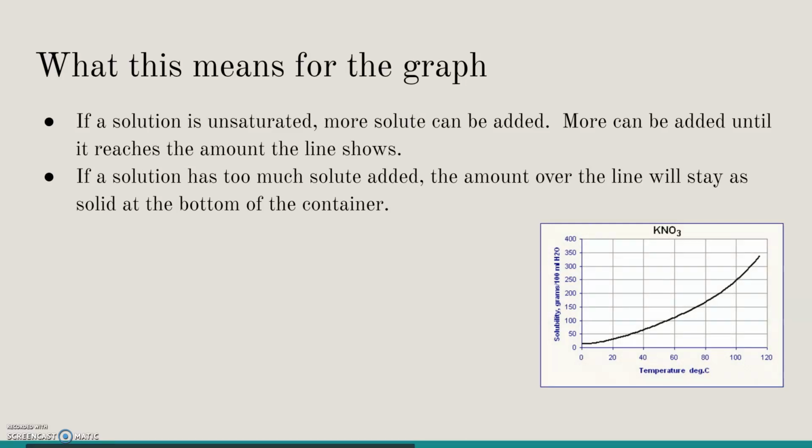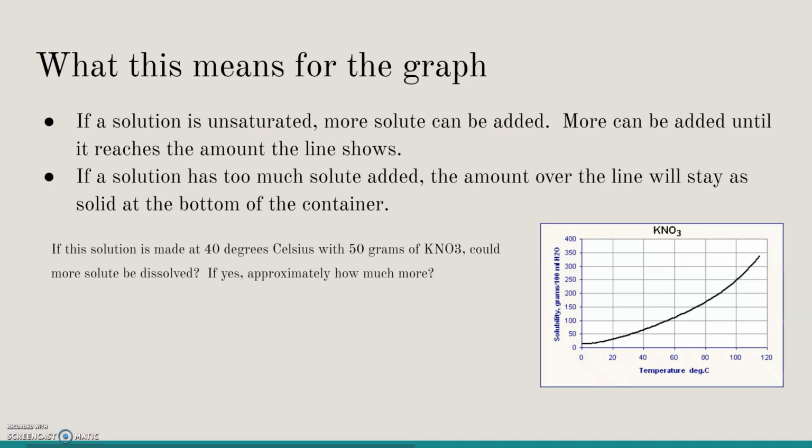Here again, we see the solubility curve for KNO3. When I say the line, I mean the curve, the black curve that extends across this graph. Now, if this solution is made at 40 degrees Celsius with 50 grams of KNO3, could more solute be dissolved?